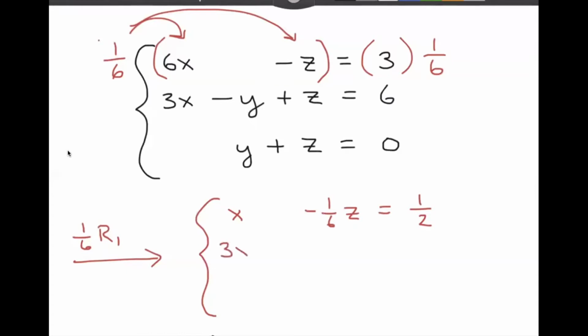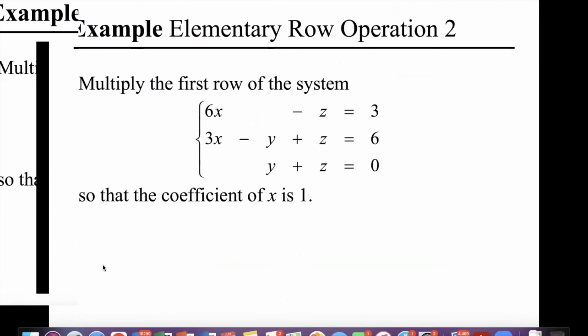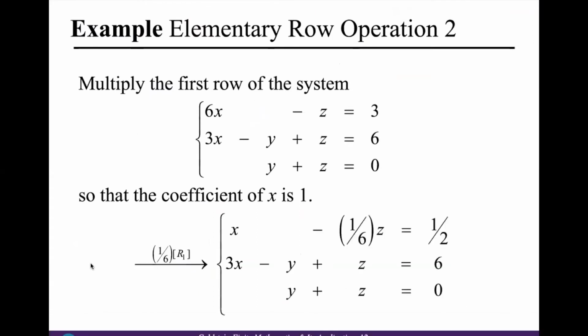I'm going to leave the other two rows just the way they are. We'll be changing those later. All right, so after performing elementary row operation number 2, we end up with this system. All right, let's go back to the presentation and talk about elementary row operation number 3.